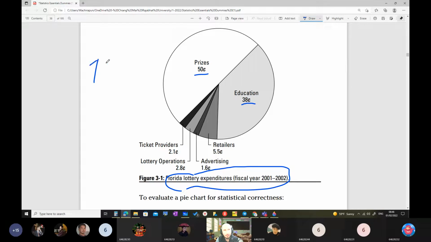Let's say you pay $1 for the lottery. 50 cents, half of the circle, will go to prizes, so somebody will win the money. 38% goes to education and advertising, so this is everything divided.